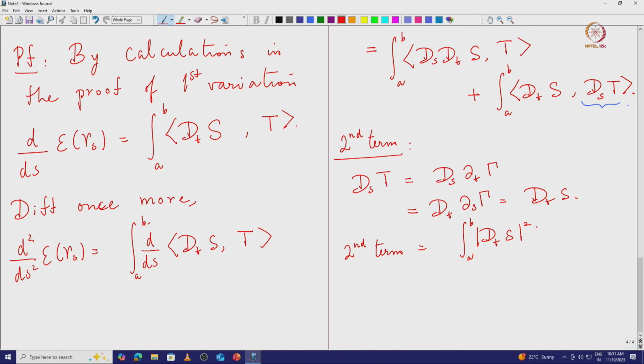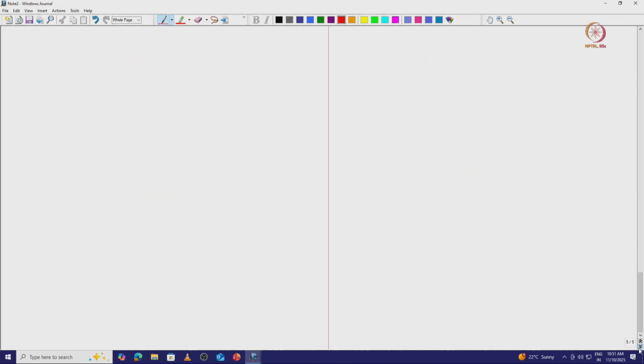All right. So now let us look at the first term, that is where the curvature will come in.